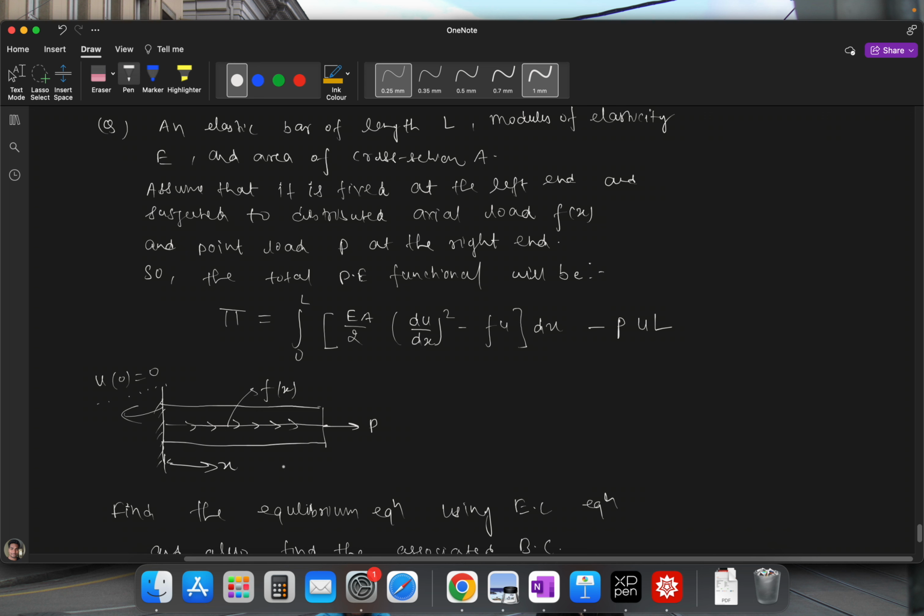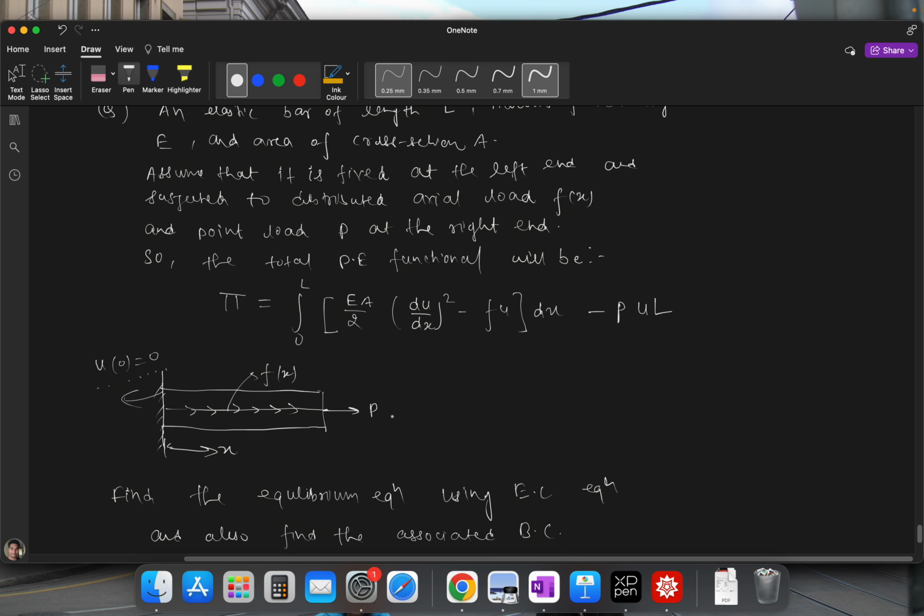We have to use the first one. The equation you have given, we only have to use that. The trick is that to get the equilibrium equation, you have to minimize the total potential energy. And this is the potential energy that you have to minimize. After minimizing the total potential energy, you'll get the equilibrium equation.